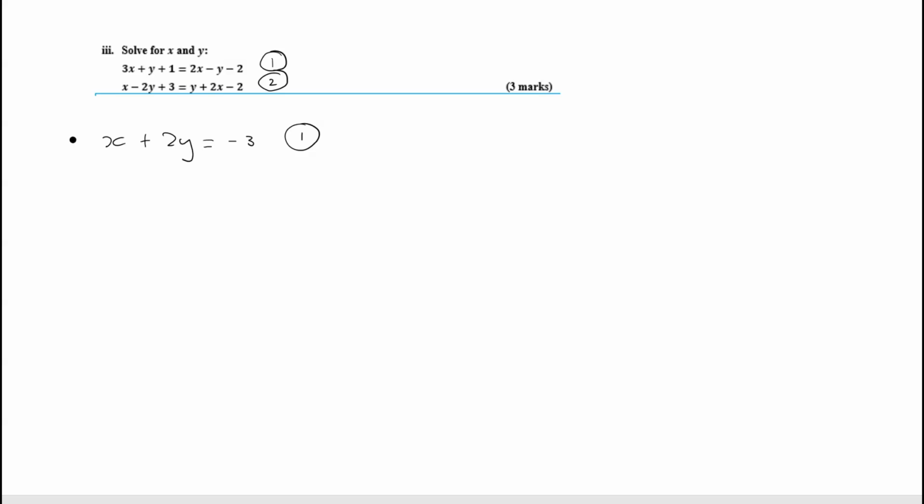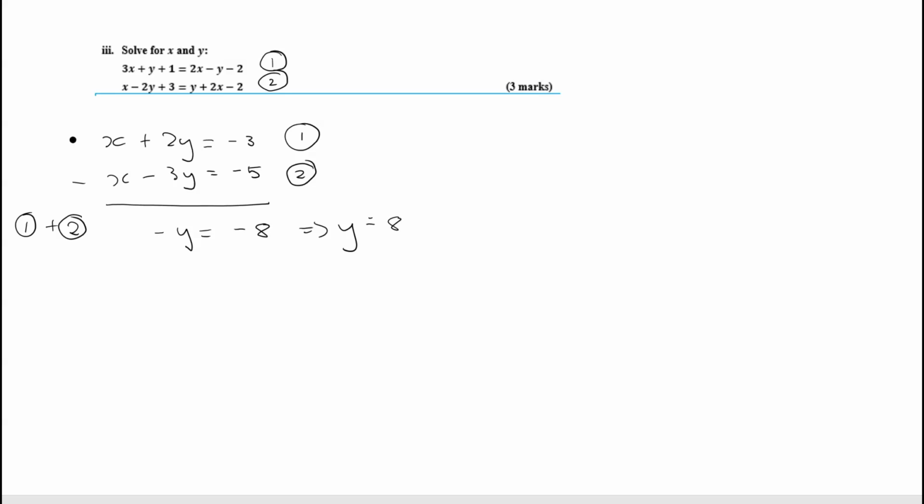Then we do the same for equation 2, and it would have been negative x minus 3y equals negative 5. At that stage we can add them together, and then we're going to get, being careful, negative y equals negative 8, which gives us that positive y is equal to 8.